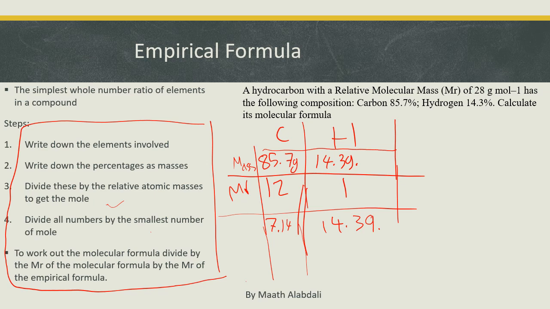So 7.14 divided by 7.14 is 1, and 14.3 divided by 7.14 is 2.05, let's just say 2. The formula is CH2.